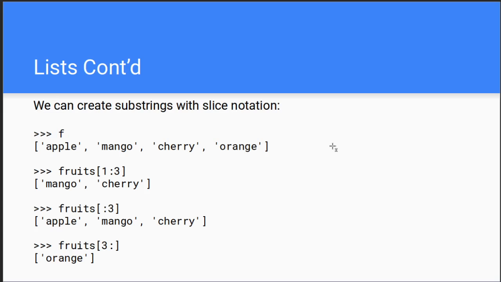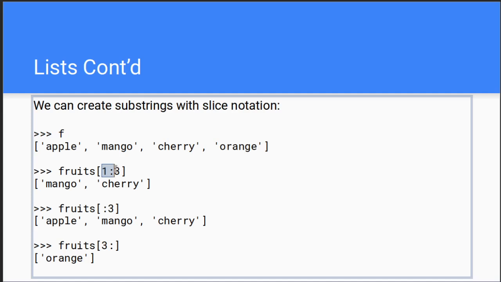We can create substrings with the slice notation. So we give it 2 indexes, the from and the to. So this is starting at index 1 and going to index 3 minus 1, this n minus 1, so that'd be index 2.